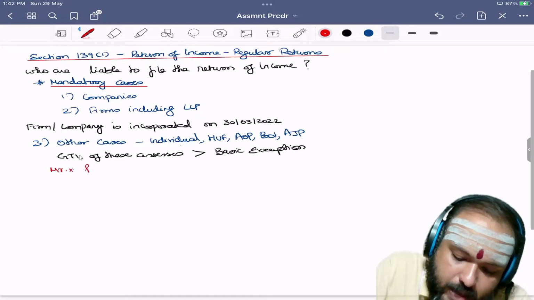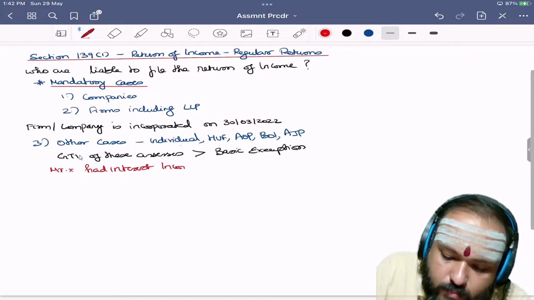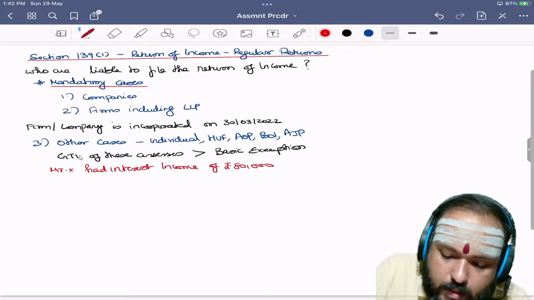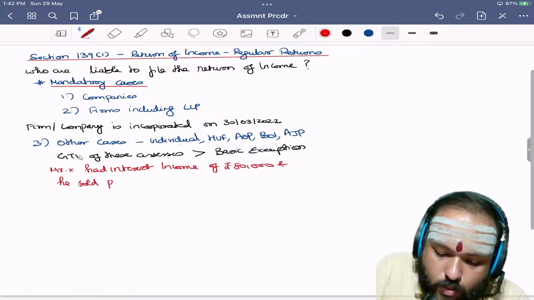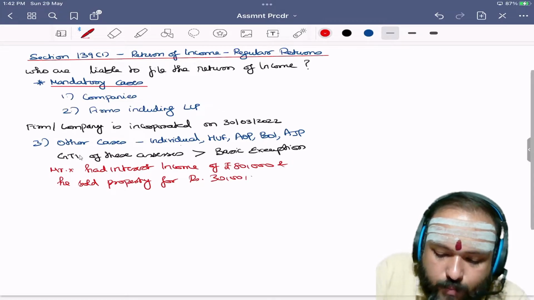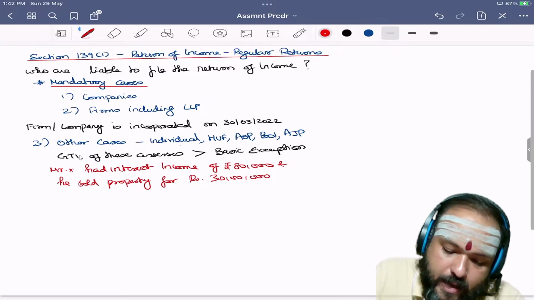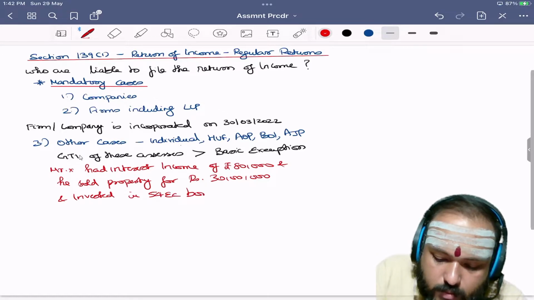Mr. X had interest income of rupees 80,000 and he sold property for rupees 30 lakhs and invested in 54EC bonds within 6 months.